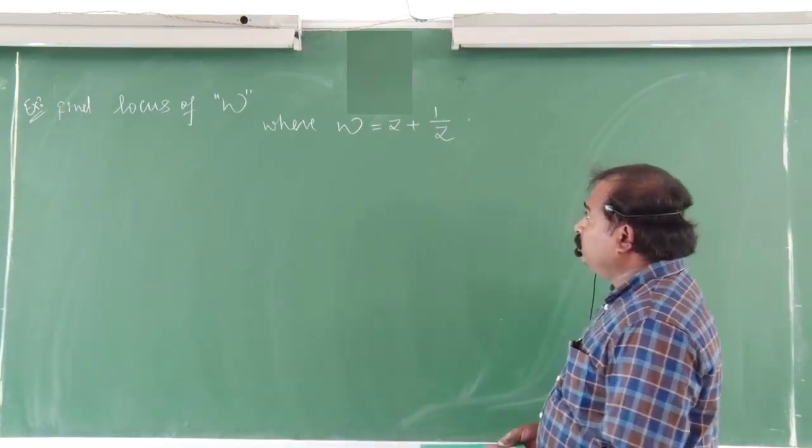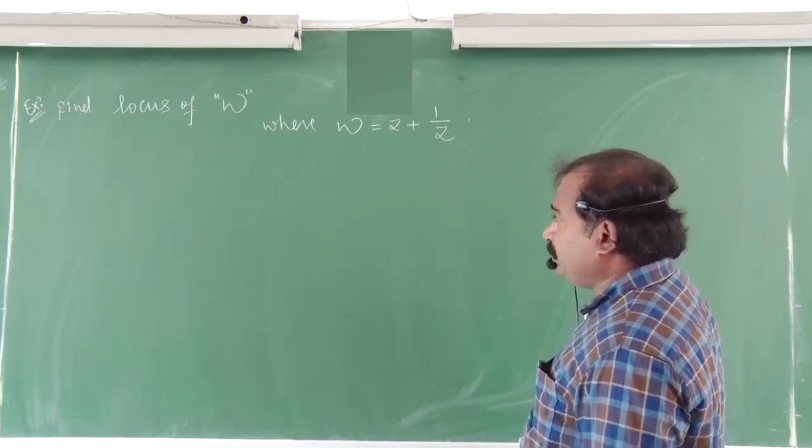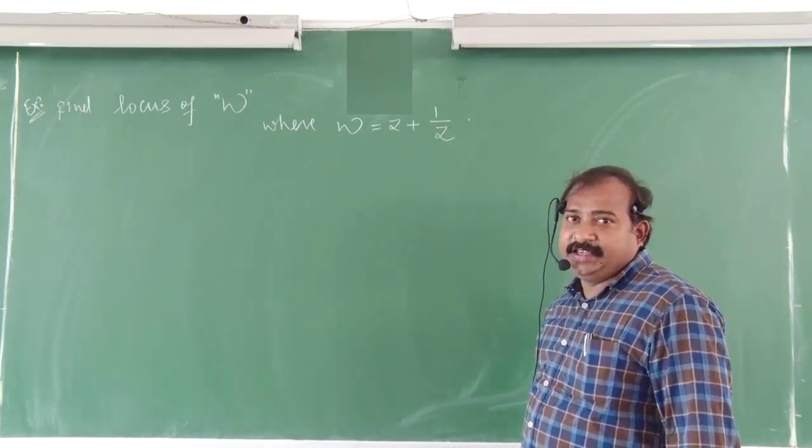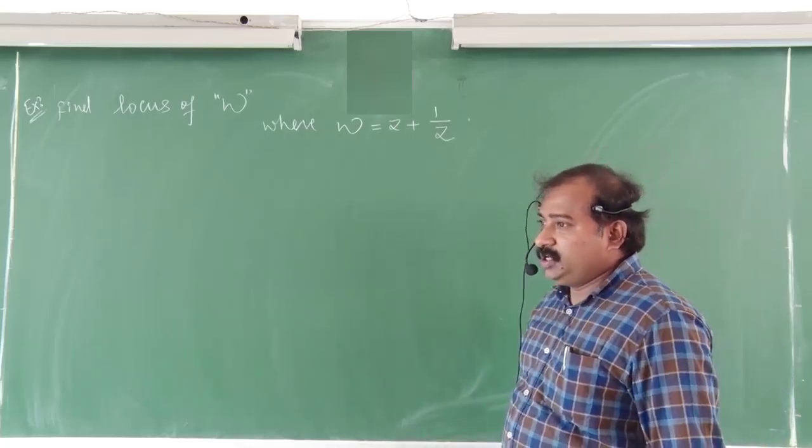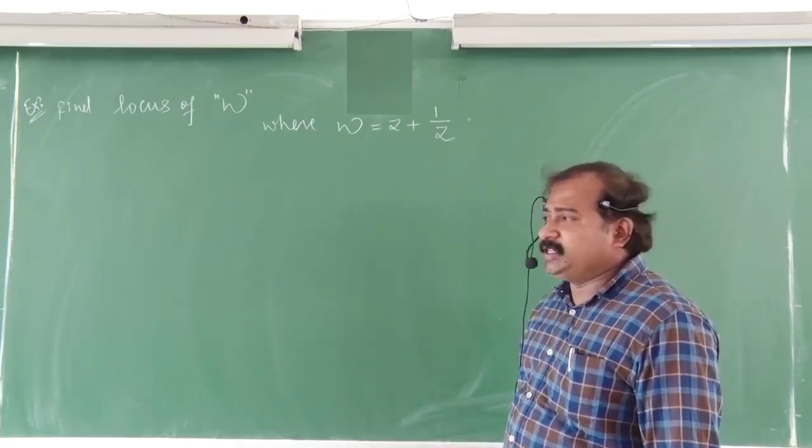Find the locus of W where W equals Z plus 1 by Z. Like this they will give. We have to fix the locus of W. Of course, W is also one complex number. Let it be like that.